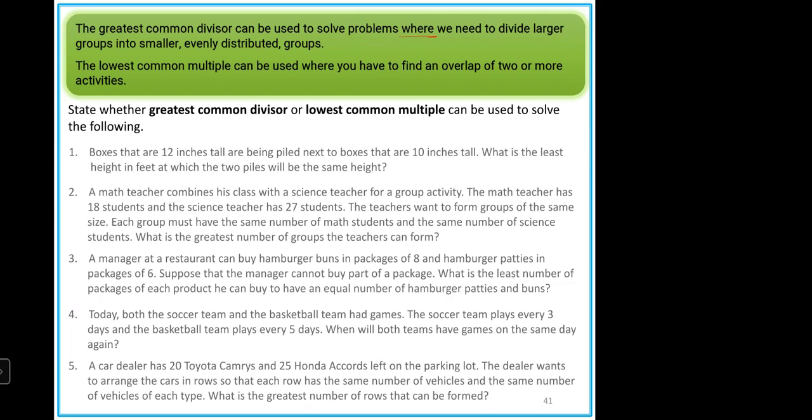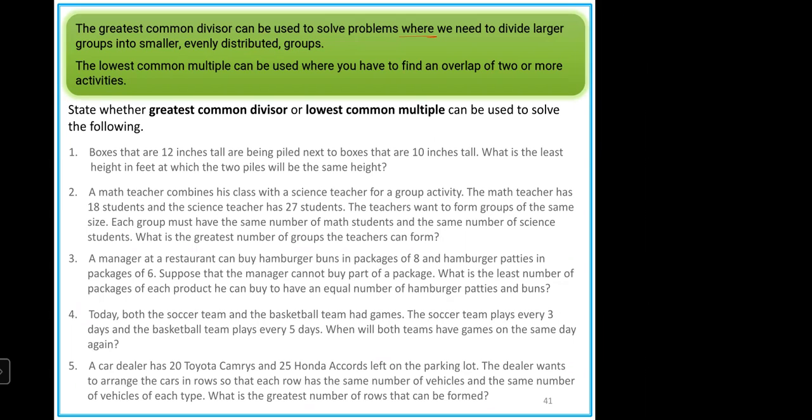Okay, Miss Pratt, number 3. What do you say about that one? Least common multiple. Let's read that one. A manager at a restaurant can buy hamburger buns in packages of 8 and hamburger patties in packages of 6.